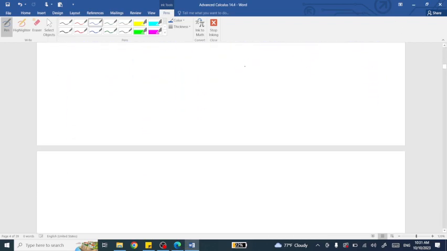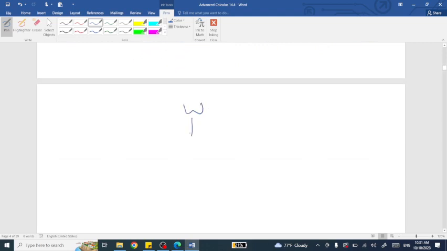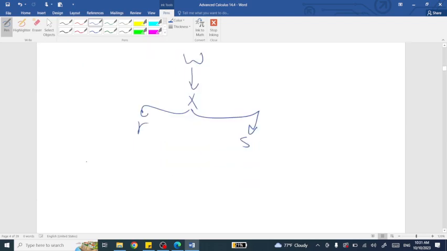We say W here depends on X, and X depends on R and S. So tell me about W over R. Which one is true? Partial W over partial R, or dW over dR?